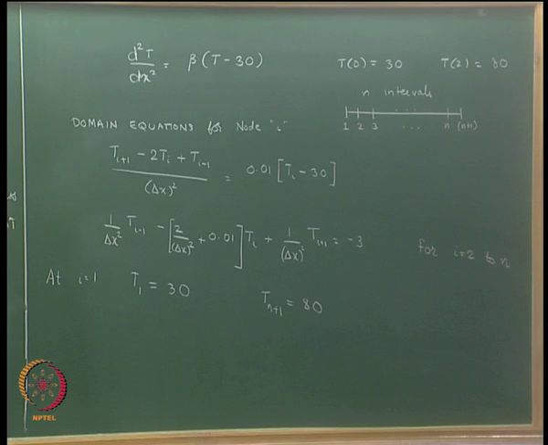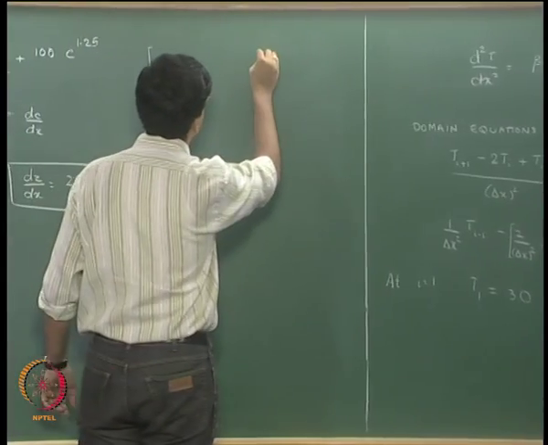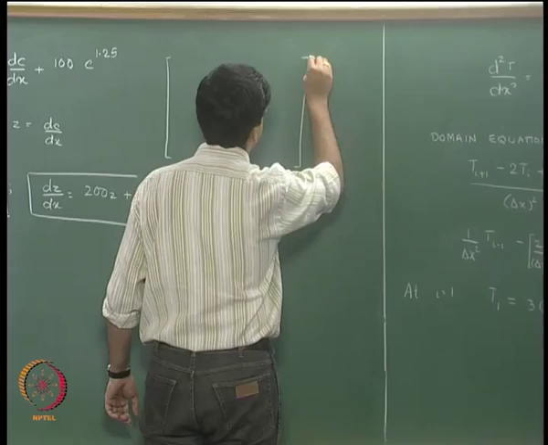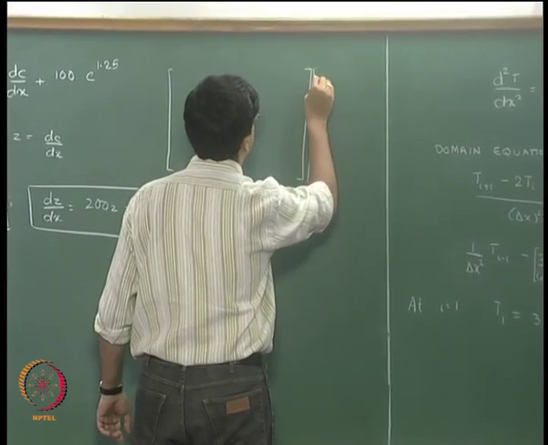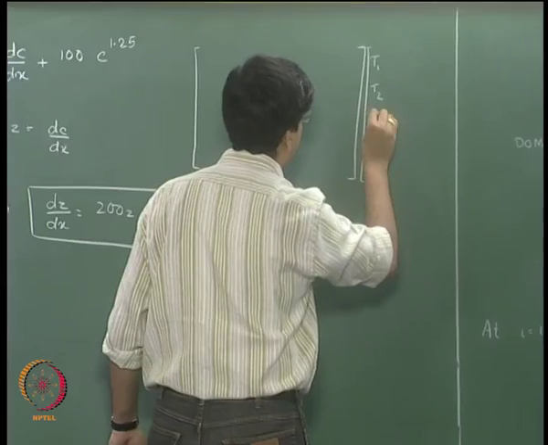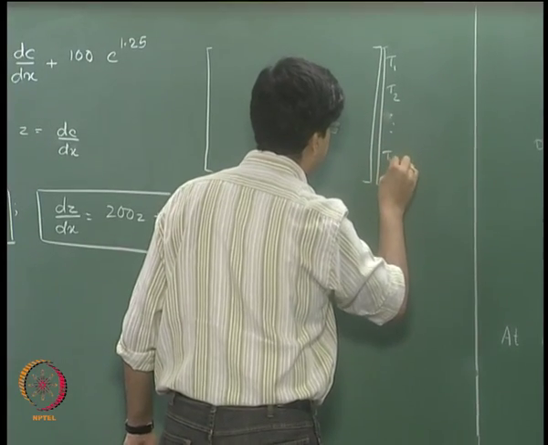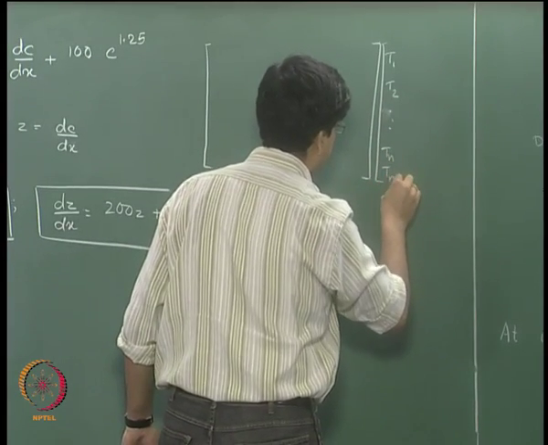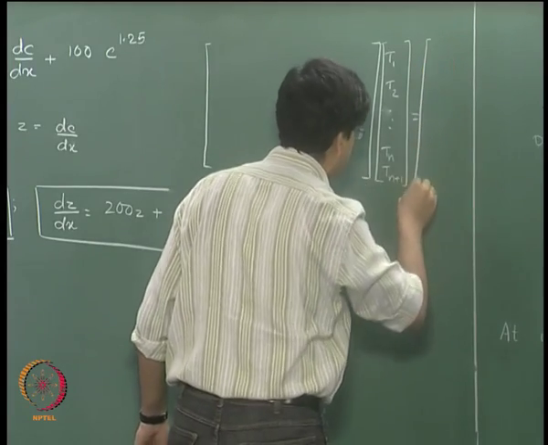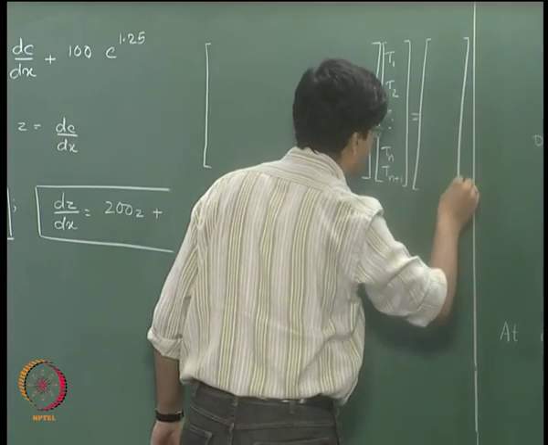Now the x bar is going to be nothing but T1, T2 and so on up to Tn and Tn plus 1, equal to B bar.